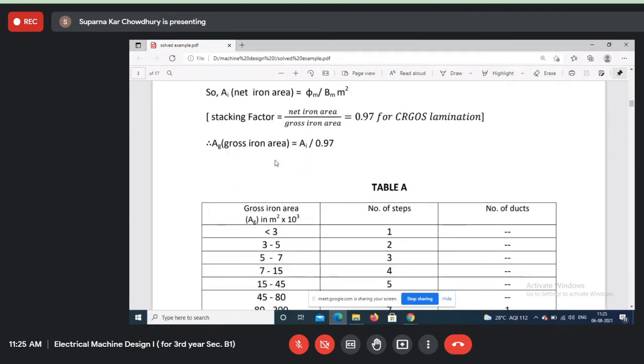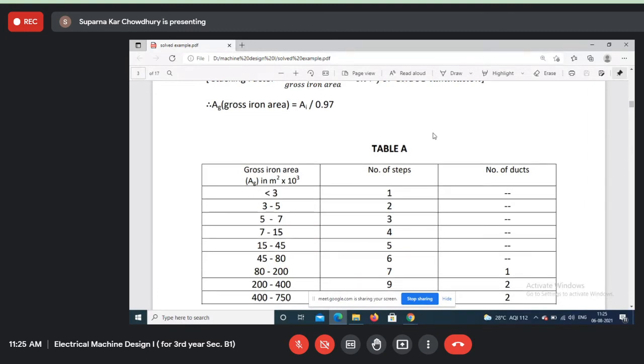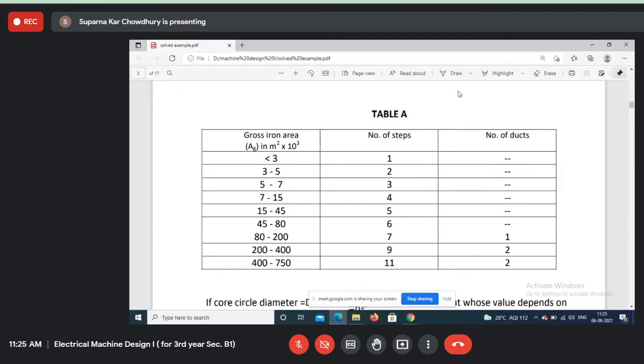Once we have the gross iron area, the number of steps of the core will depend on it. As the area increases, the number of steps will increase.